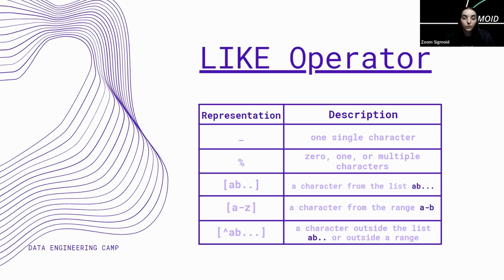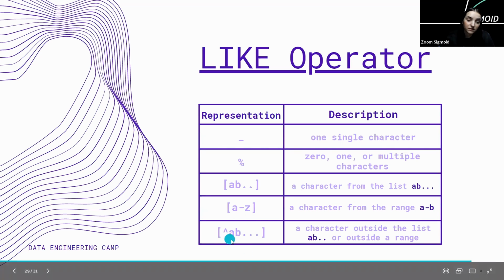And in case we have a negation, for example, we want to show the names which don't end in this list, for example, don't end in A or B, we mention this symbol.